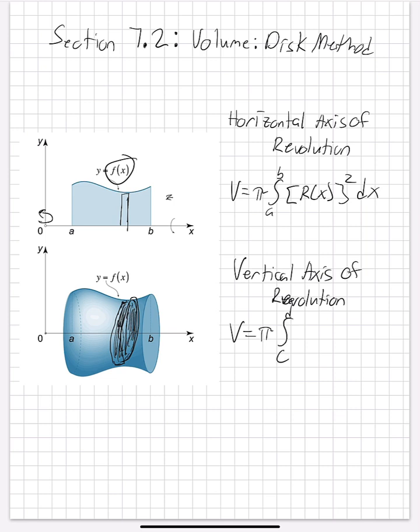So we look from c to d of capital R of y squared dy. Okay, so it works the same. Just the difference in using x values or y values.